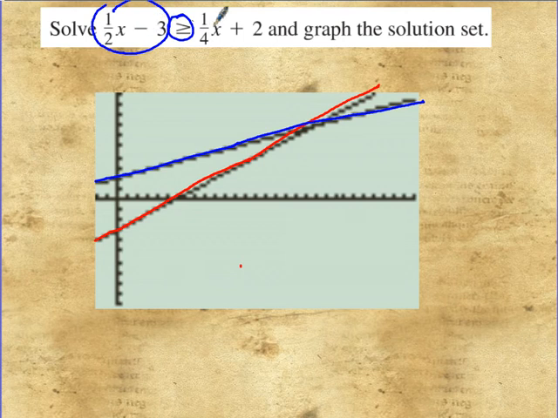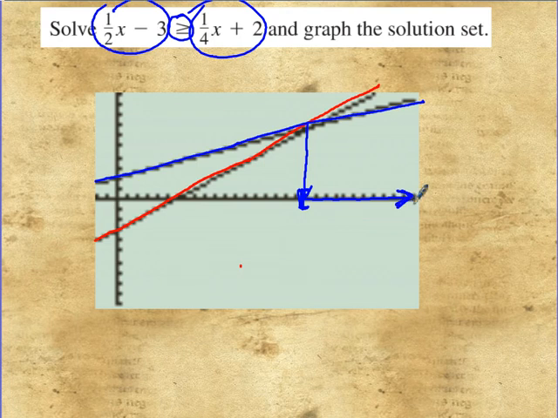Where is the red line above the blue line? Looks to be that it starts here, and it's everywhere from there. Hey guys, that number line is an x-axis. Everywhere from there to infinity.